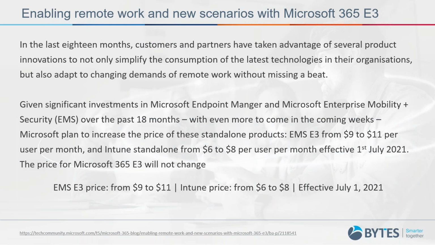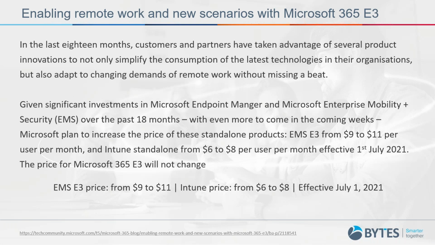So back in February, Microsoft announced that they plan to increase the price of their enterprise mobility and security, so EMS, E3, and Intune as of the 1st of July. So EMS is increasing from $9 per user per month to $11, and Intune increasing from $6 to $8 per user per month.